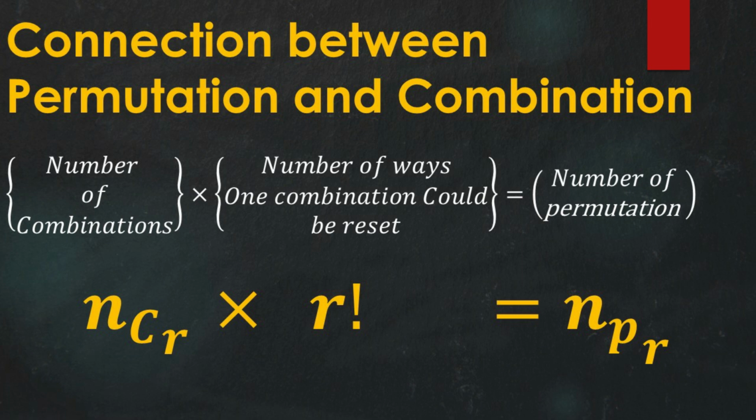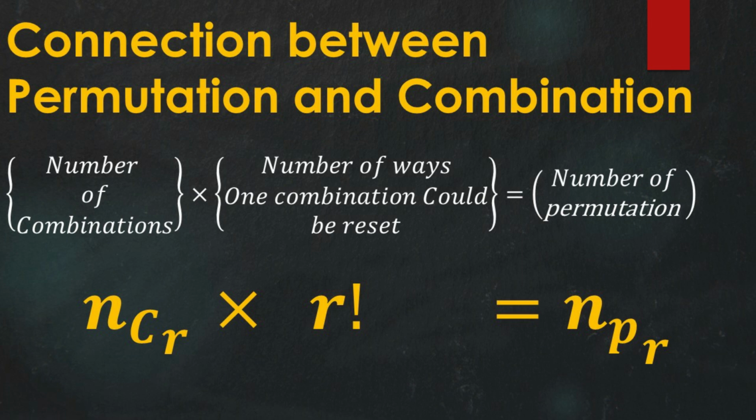So basically nPr, the permutation, is selecting and arranging, but the combination is only selecting. That is the connection between nPr and nCr. Therefore, nPr equals nCr into factorial r.